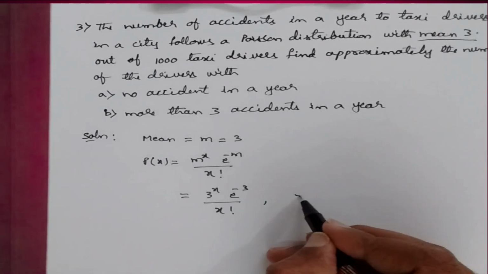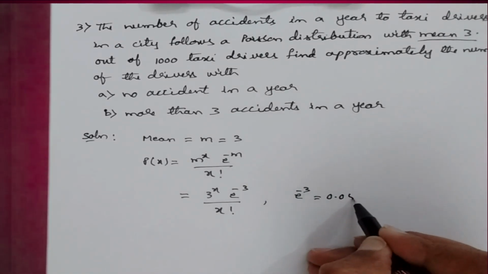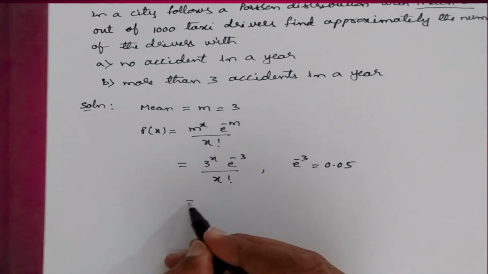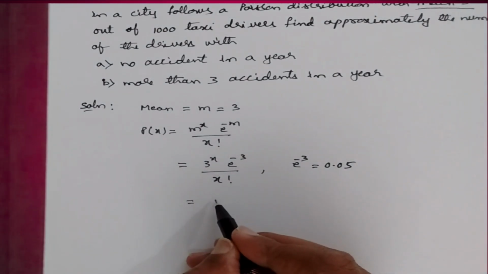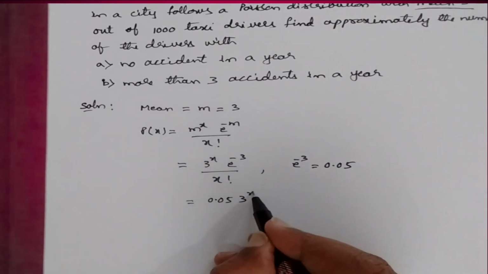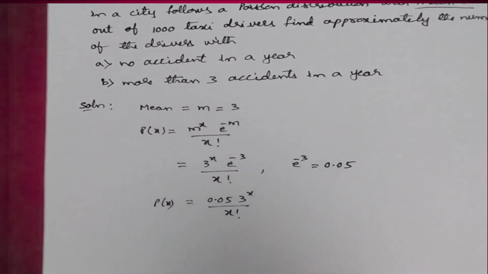If you want, you can calculate the value of e power of minus 3 and see, are you getting approximately 0.05? So if you rewrite this, it becomes 0.05 into 3 power of x divided by x factorial. So this is the value of p of x.